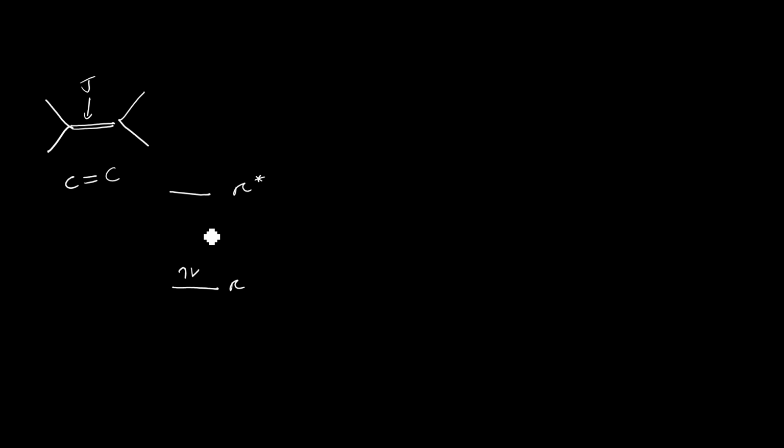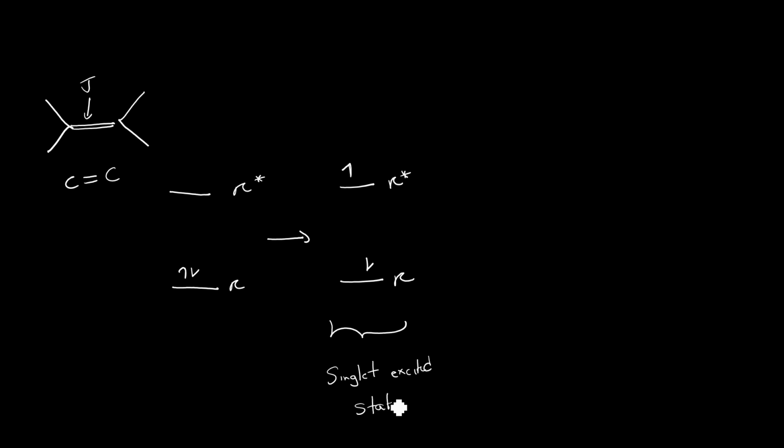Now what happens is, when the energy is being absorbed, 1 electron will go to the higher energy state. Here the excitation process will happen. Here we have the higher energy electron. So this is the singlet excited state, which is denoted as S1.